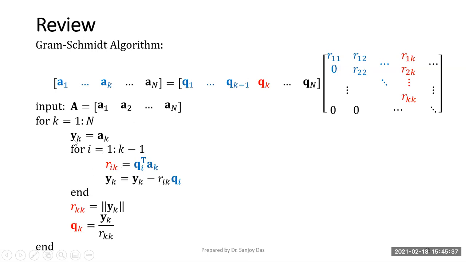What I'm doing is y_k equals a_k, and each time I'm subtracting an R_ik q_i from my y_k. So at the end, y_k is a vector in the direction of q_k, and so I take the L2 norm of y_k, that's R_kk, and a unit vector along the direction of y_k becomes q_k. So I find all these r's and this q.